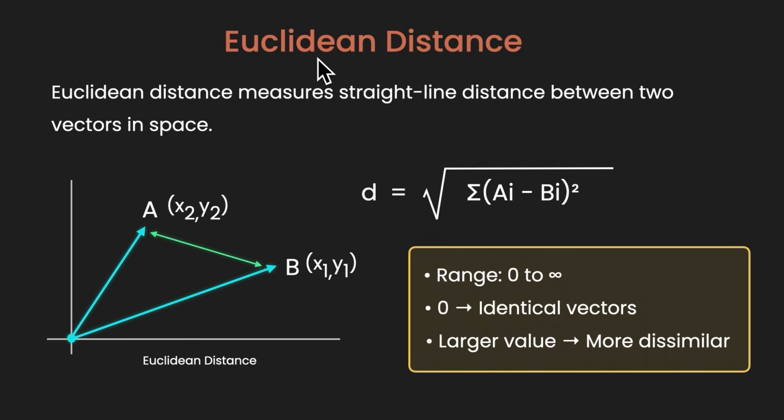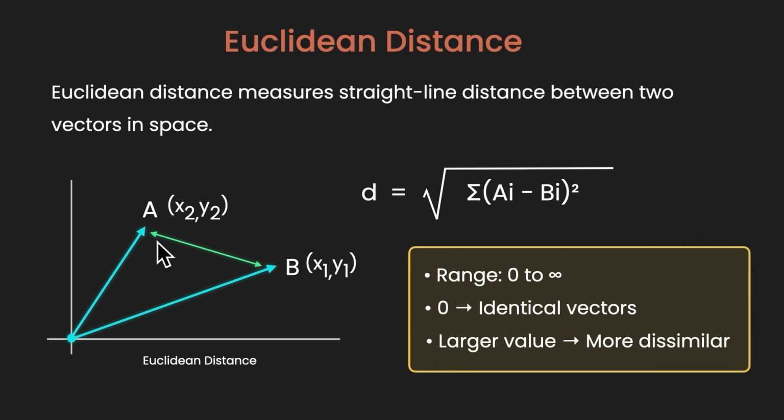Now let's look at the Euclidean distance. The Euclidean distance measures the straight line distance between two vectors in space. Unlike cosine similarity, this metric doesn't care about direction.